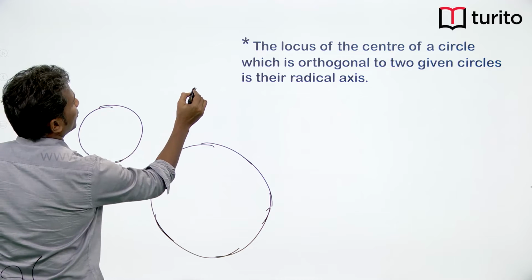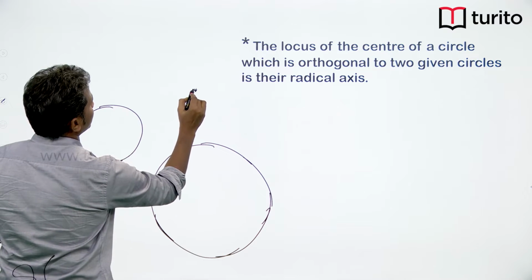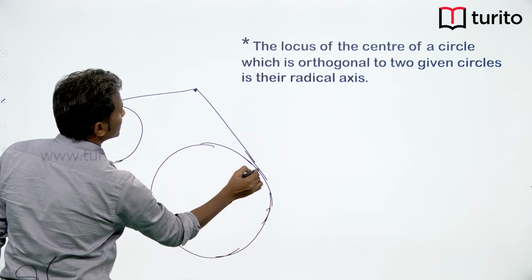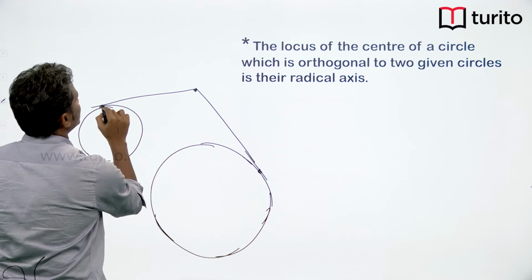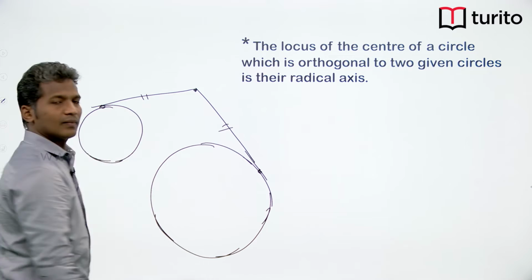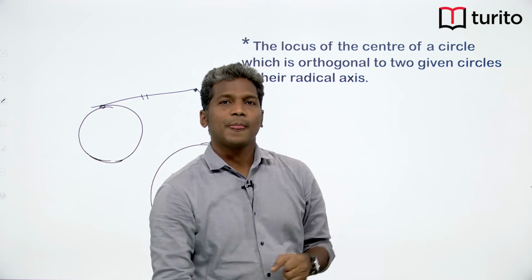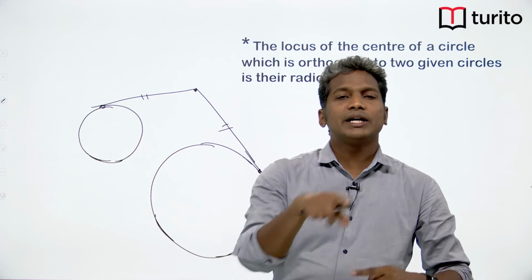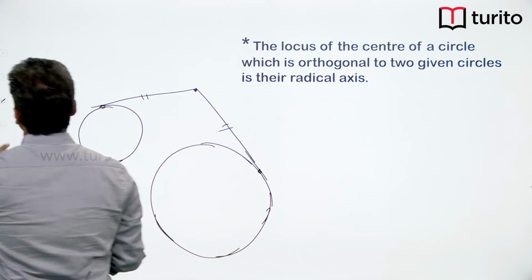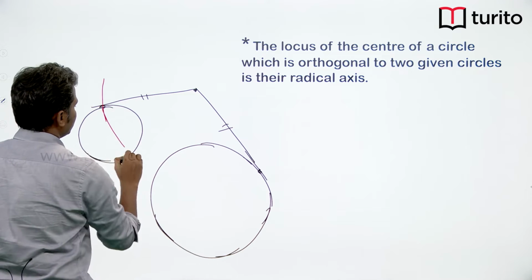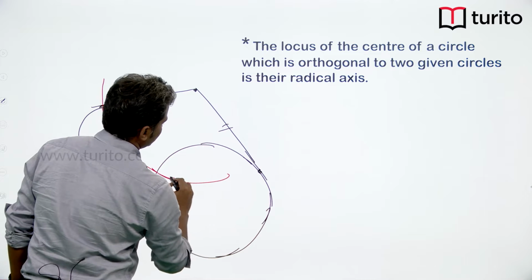Now, let us say from a point P, I am drawing 2 tangents to these 2 circles, and let us say these 2 lengths are equal. Now, by taking this length of the tangent as the radius, if I draw a circle, then what happens? I am drawing this circle in red.